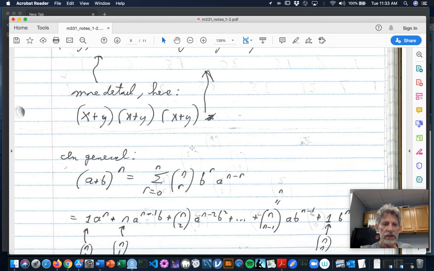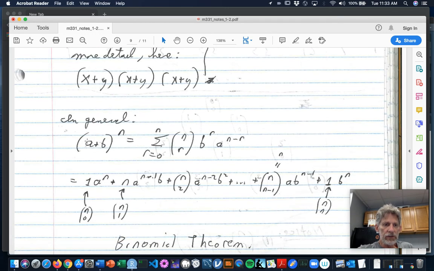In fact, in general, it works like this. (a plus b) to the n is always just 1 a to the n. This is where you said, all right, I'm going to pick an a every time, I'm never, ever going to pick a b. So it's the number of ways to pick no factors out of my n factors to get a b from: 1.